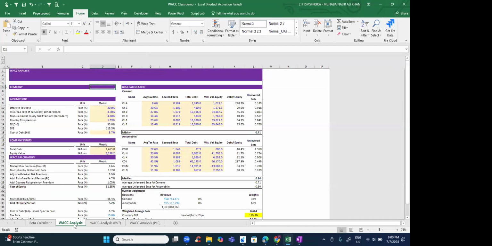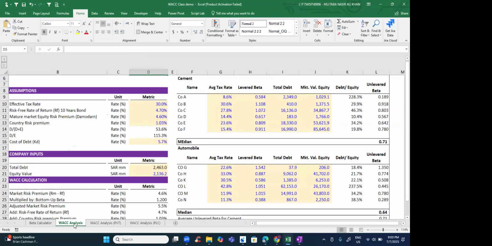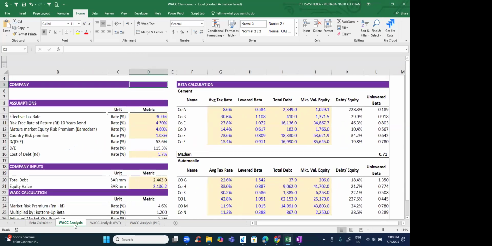Okay, this is the most difficult part. Not for you people, but practically. If your company is dealing in two sectors, two divisions, okay, no issue. The only problem is with the beta. So for example, my company is in cement and my company is in automobile. Example is Lucky Cement.